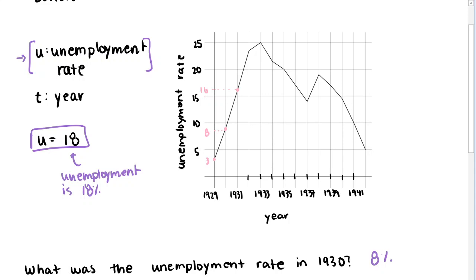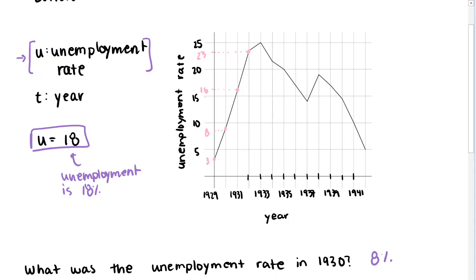So from the previous year to 1931, this would be an increase of 8%. And then from 1931 to 1932, I would say this would be about a 23% unemployment rate. That would be an increase of 7% from the previous year.